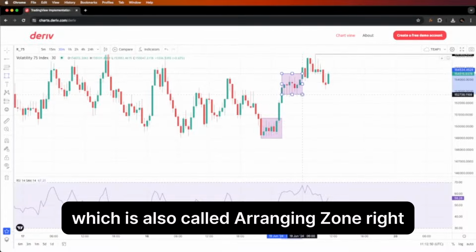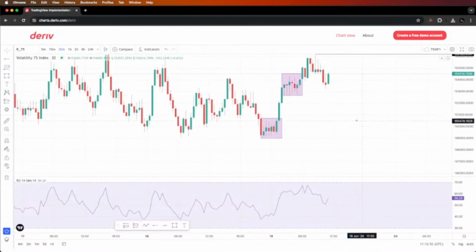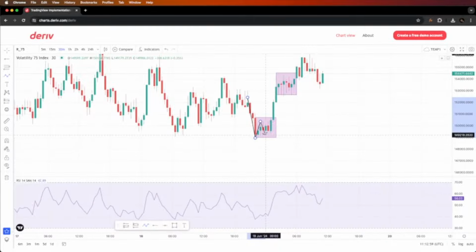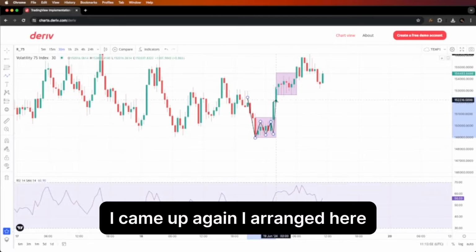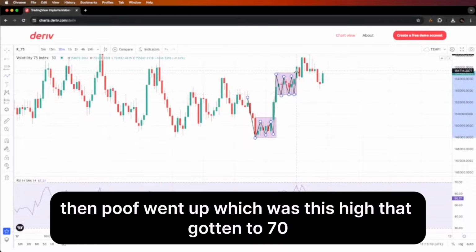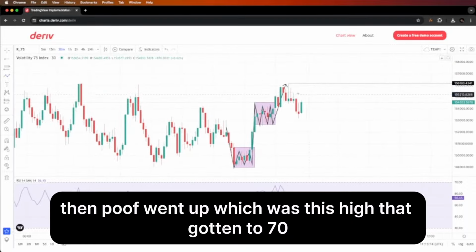And then I had this drawn. So price tested 30, then ranged, and came up again and ranged here. Then poof, went up, which was this high that got into 70.